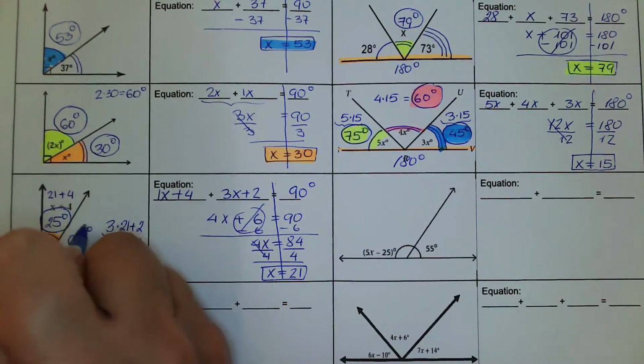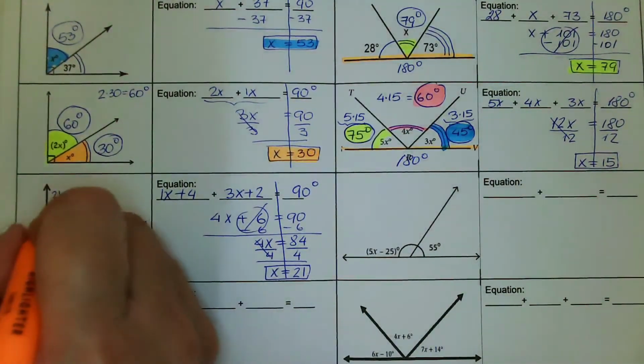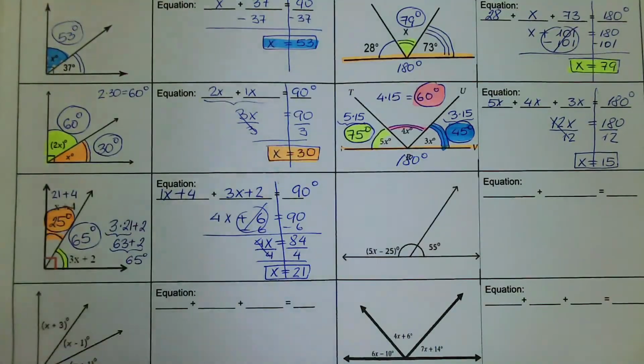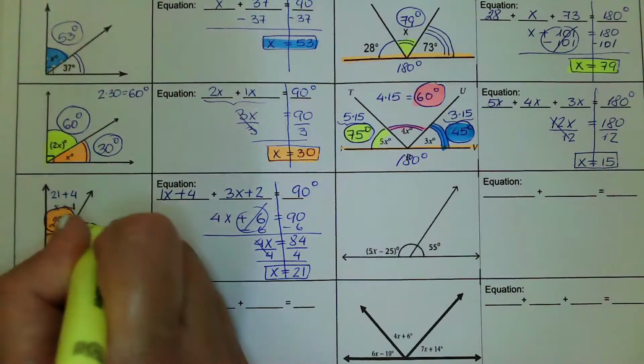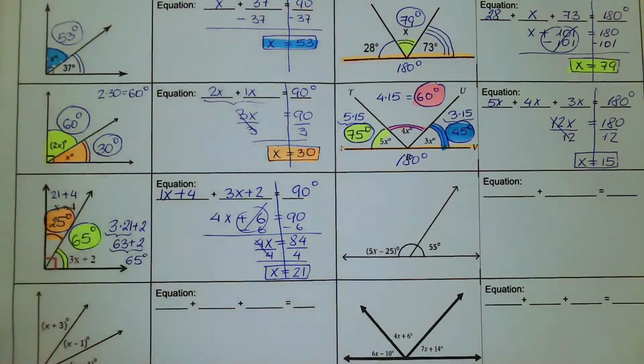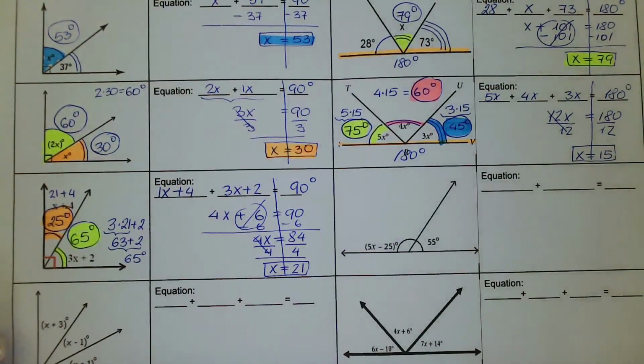So if the two angles add up to 90, 25 plus 65 equals 90. The x value is 21.